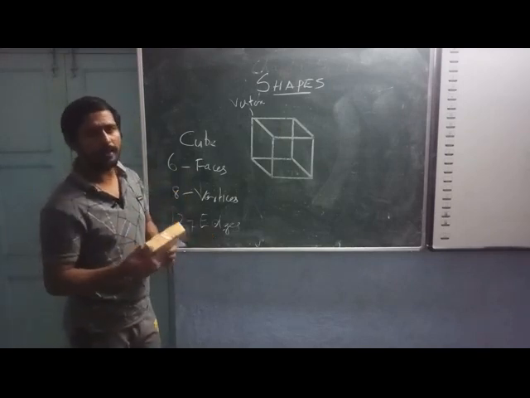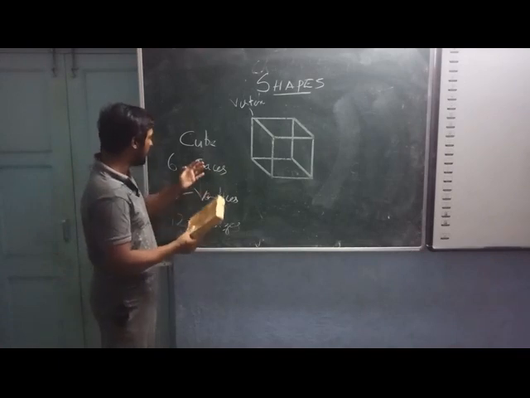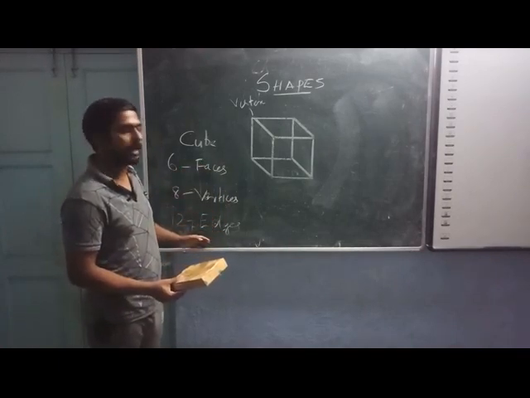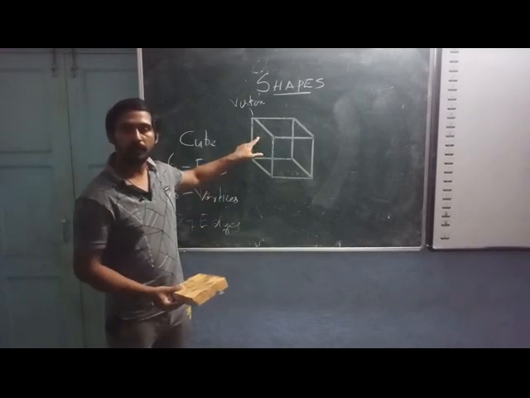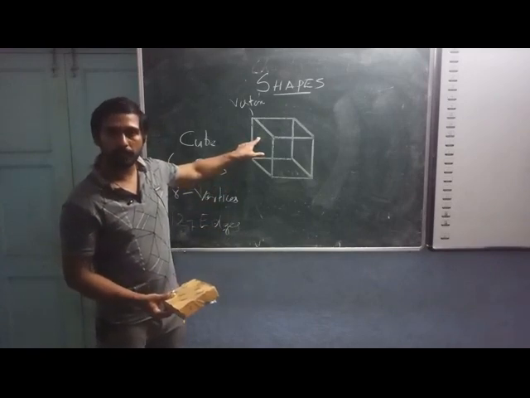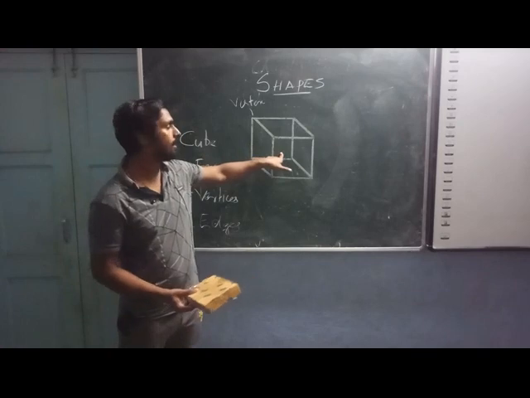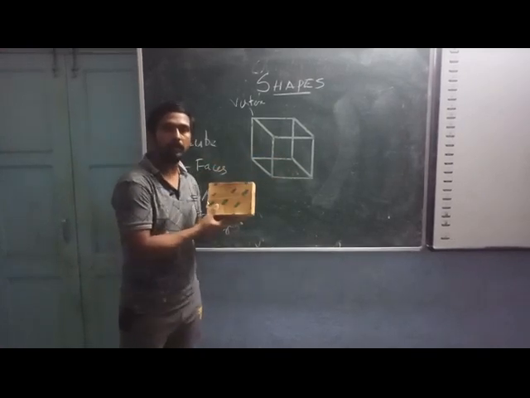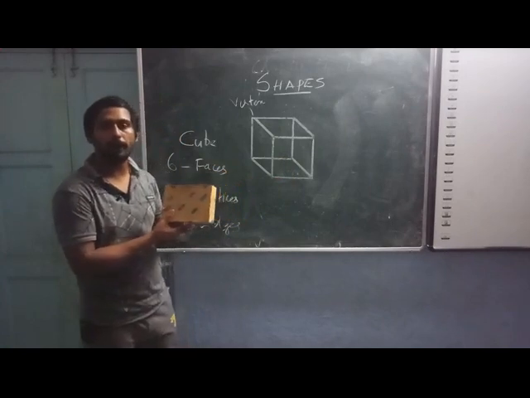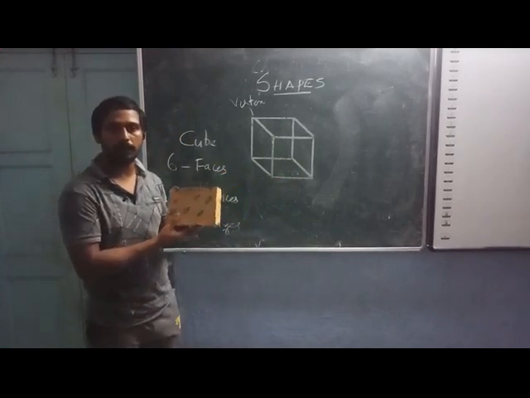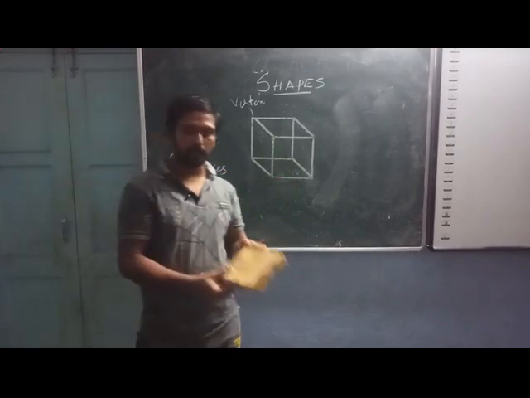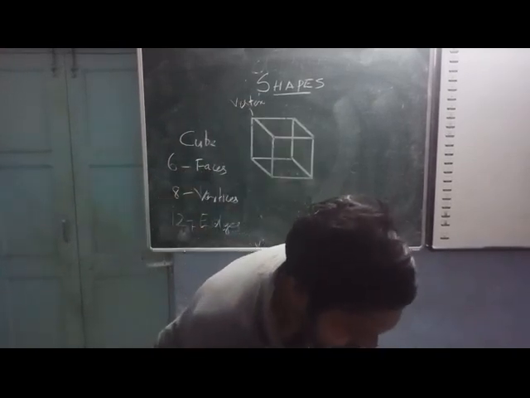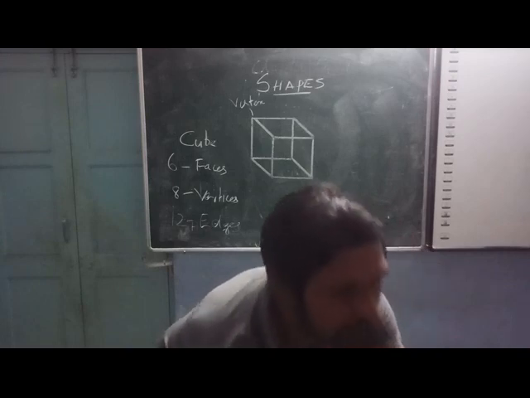A cuboid and a cube have all the same characteristics, but the only difference is that a cube has faces that are exact squares, whereas a cuboid has faces of a rectangular shape. Okay, is that clear?